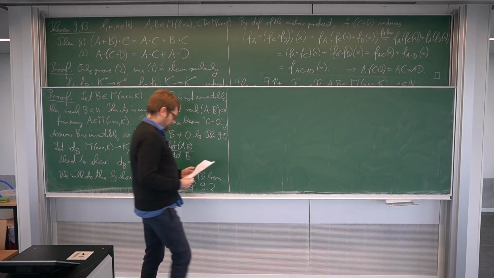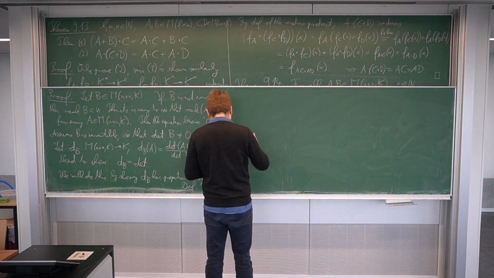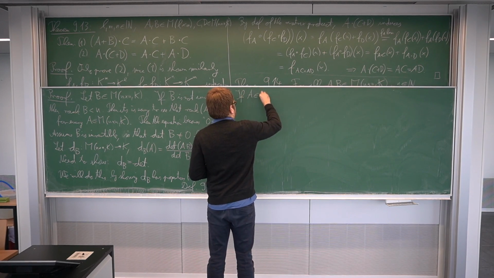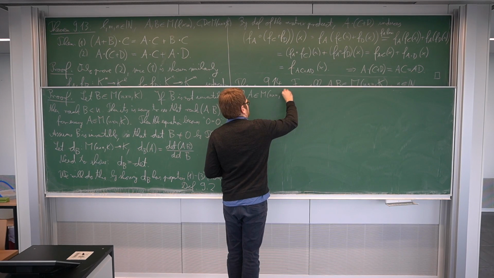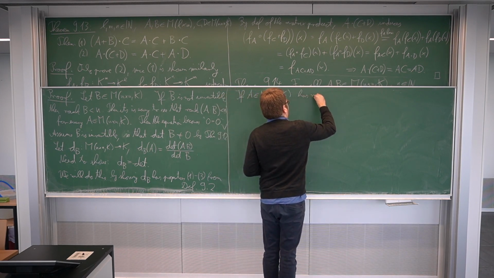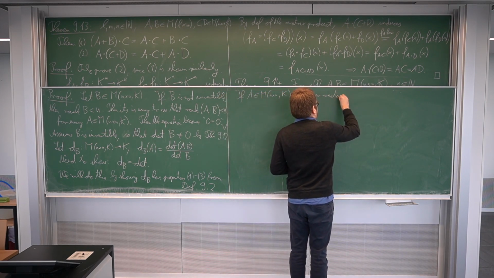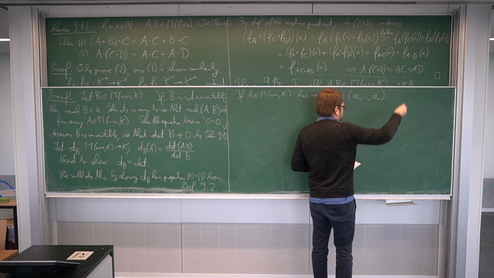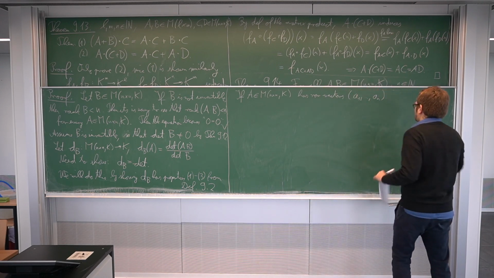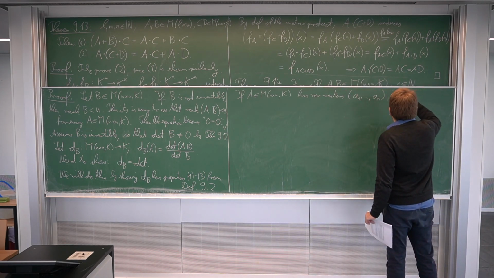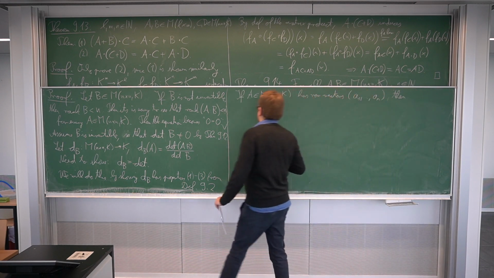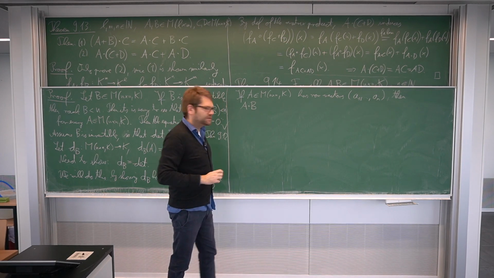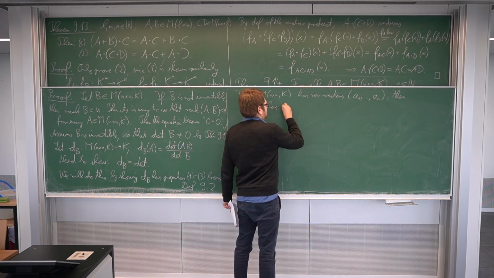Now, let's go through these properties. So first of all, an observation. If a matrix A has row vectors, we might call them A1 to AN, these are the rows of the matrix, then what are the row vectors of A times B, which is again a quadratic matrix?